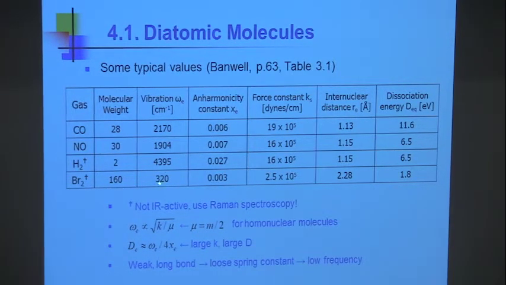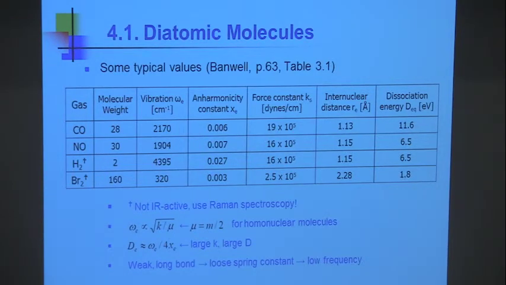There's a correlation between these vibrational frequencies and the dissociation energy. Now, we have the same problem. It's either active or inactive. So if it's heteronuclear, it's active. We call it IR active. If it's homonuclear, it's not IR active.